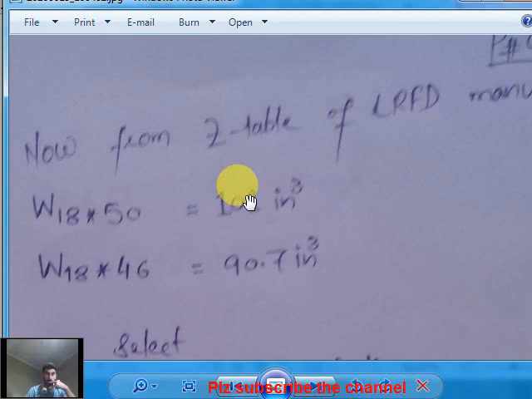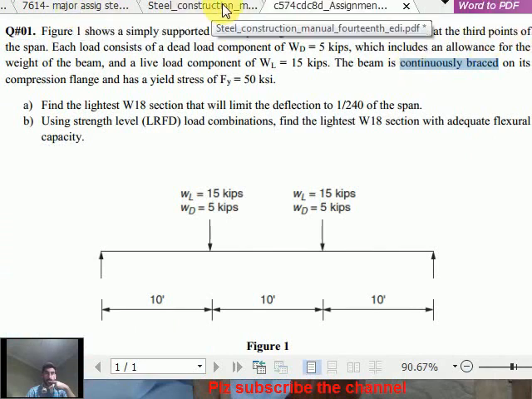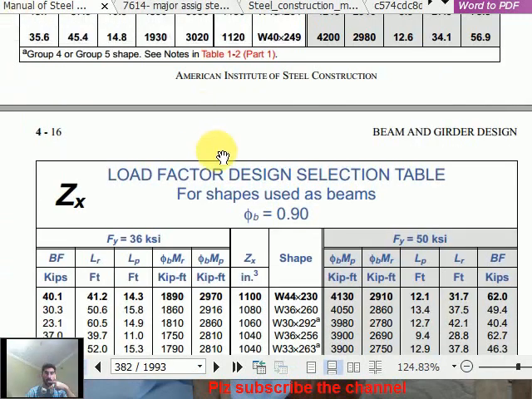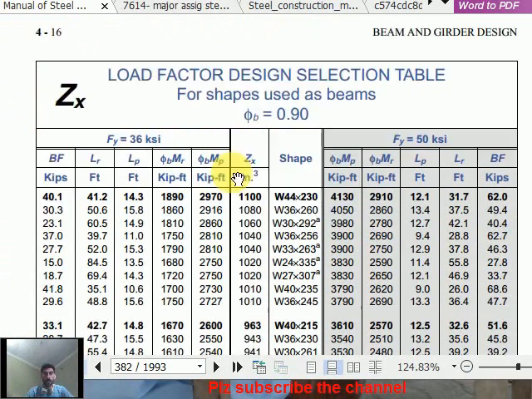Let me show you where that Zx is. Clear? So this is still the manual, and here we have the Zx table, and we require 80.